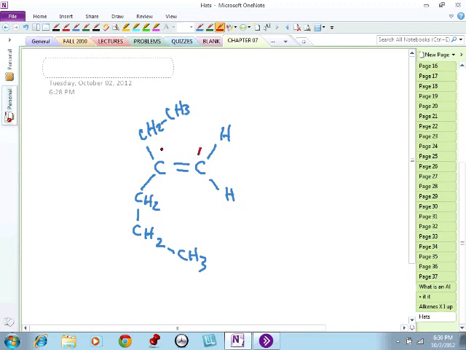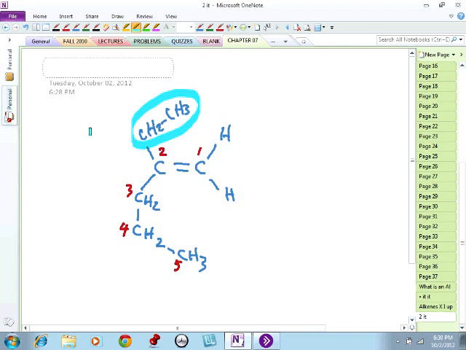So this is 1, this is 2, this is 3, 4, and 5. So the longest carbon chain is 5. The base name will be what? Pentene. Very good. And we have a branch in position number 2, an ethyl group.